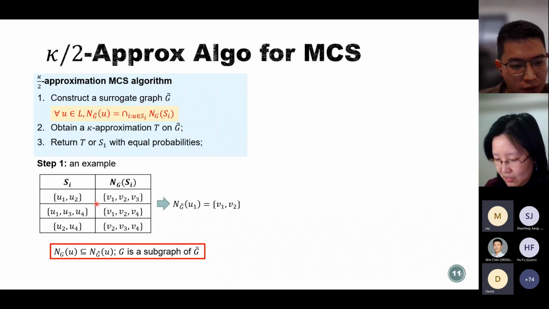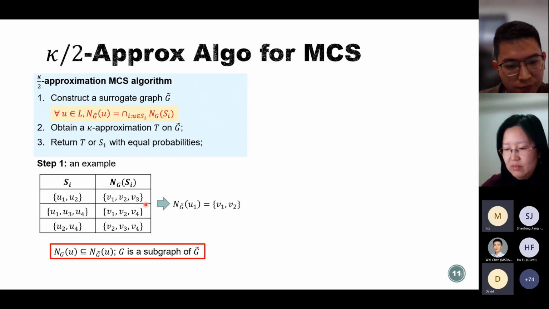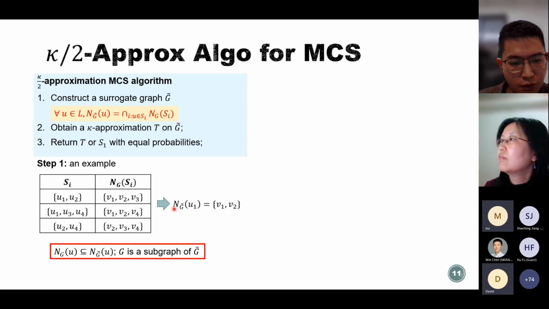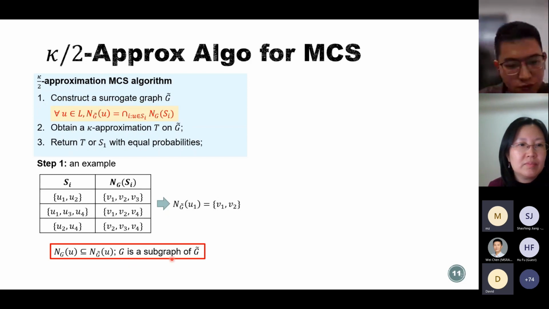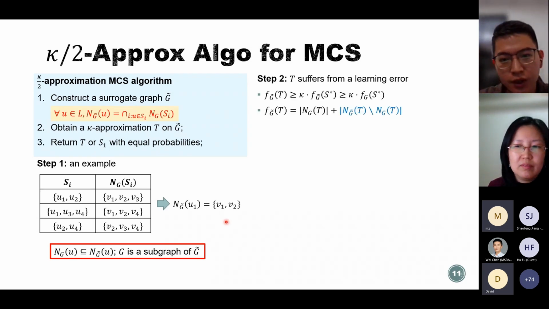So we consider their neighborhoods N_G(S1) and N_G(S2). We take the intersection of them, and we get V1 and V2. We use this set as an estimate of U1's neighborhood. It's easy to see that the neighborhood belongs to the estimated neighborhood. So the original graph G is a subgraph of our estimated graph, tilde G. This is the first step.